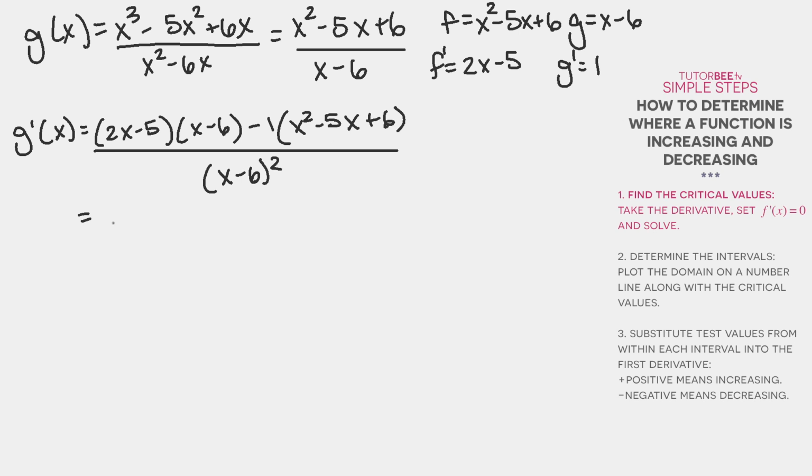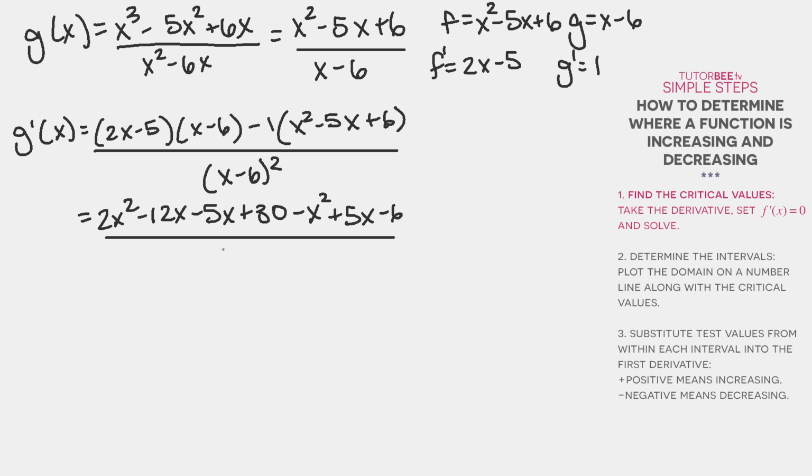Okay, there's nothing to factor up top, so we can expand and simplify the top here to get 2x squared from 2x times x. 2x times negative 6 is negative 12x. We'll get a minus 5x plus 30, and then minus x squared plus 5x minus 6, and that's all over x minus 6 squared.